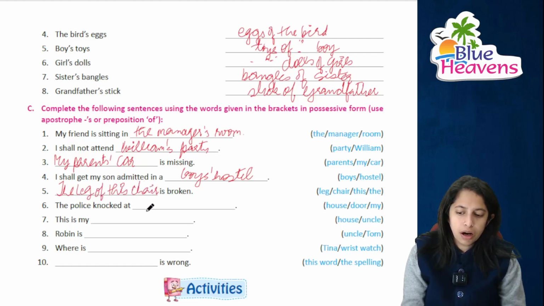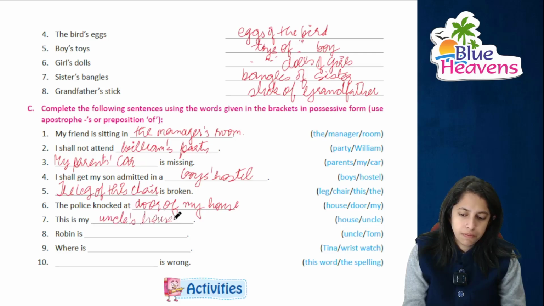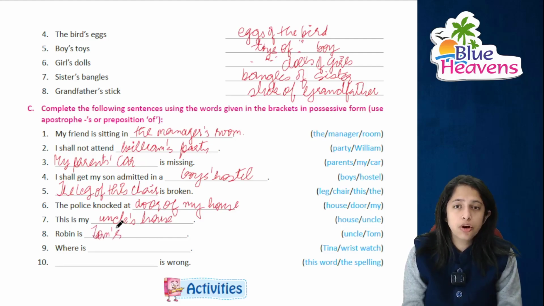The police knock at the door of my house. Robin is Tom's uncle. देखिए again it's Tom capital आएगा क्योंकि वो proper noun है.